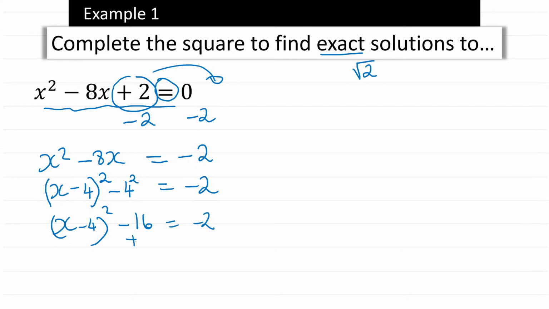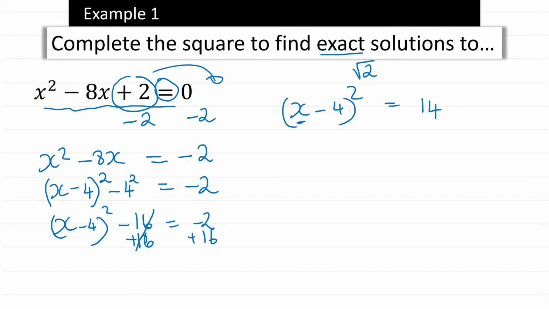We're going to add 16 on both sides. Okay, guys? So I'm going to move on to this side. Now we have (x minus 4) squared equals minus 16 plus 16, that cancels, equals minus 2 plus 16, that's going to be just 14. Now we need to release this x from the square, from this bracket.